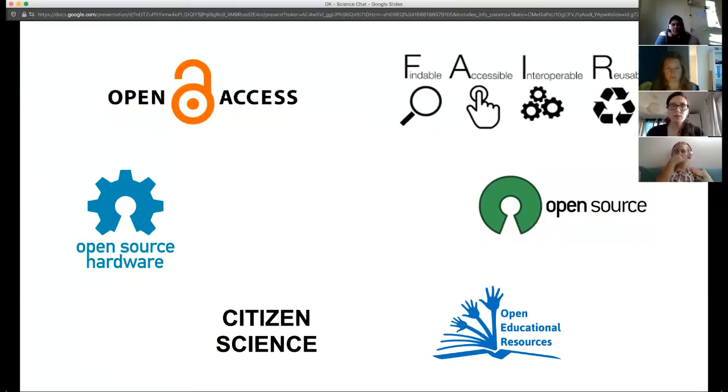Besides the efficiency argument, there is also a justice argument. By putting up a paywall, only the people who can pay can access the scientific literature, and that's unfair. The result is that we always have the same people producing knowledge, always people in the same institutions.